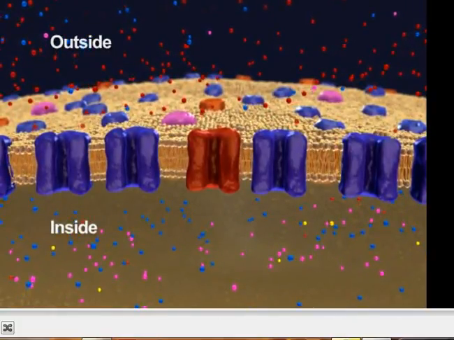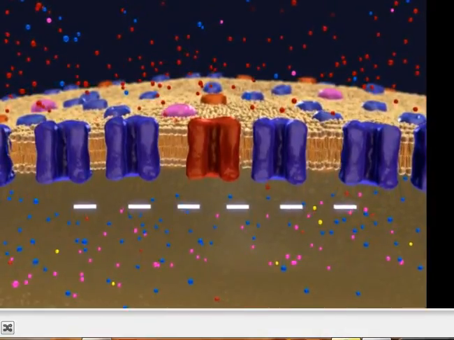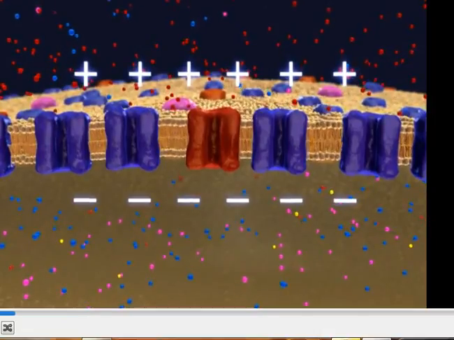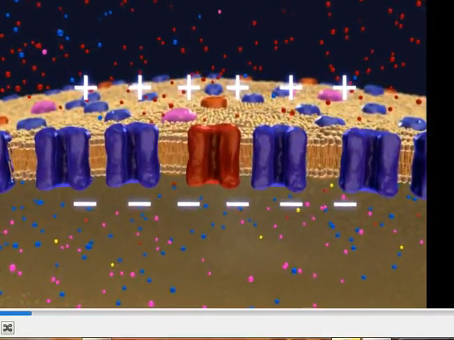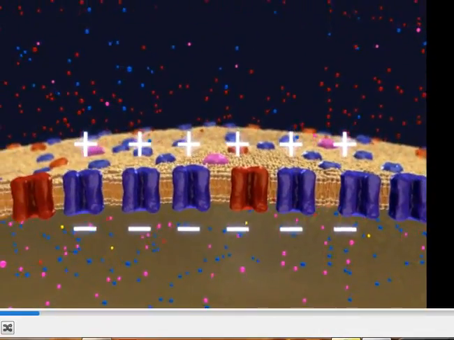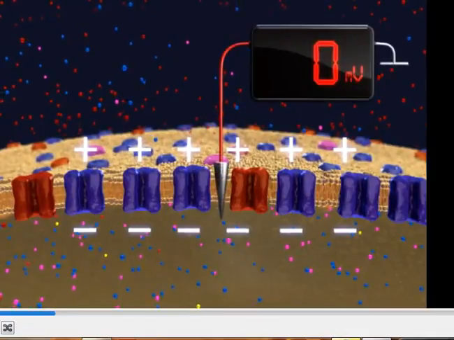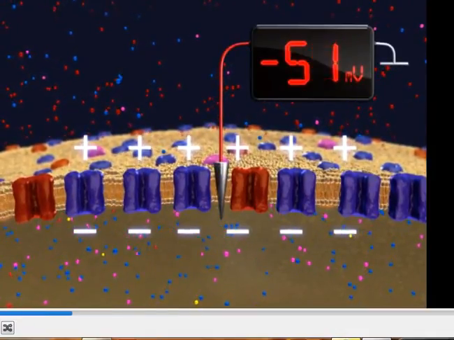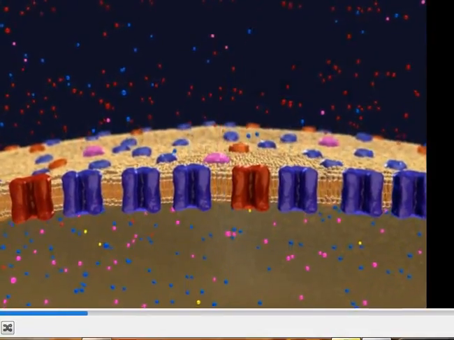Further, a resting neuron has a greater negative charge on the inside surface of the plasma membrane and a greater positive charge on the outside surface. This partitioning of charge creates a voltage difference across the membrane known as the resting membrane potential, which can be measured using a voltmeter. On average, an intracellular electrode records a value of -70 millivolts.